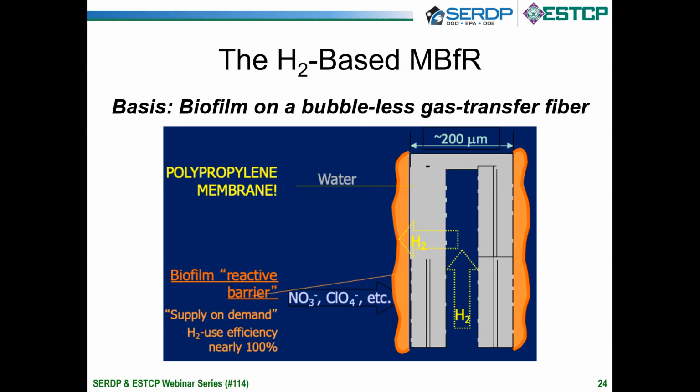It diffuses through the wall and comes to the outside where there's a biofilm that is growing in contact with water. The biofilm is oxidizing the hydrogen that's coming from inside out, and it's using those electrons to reduce things like nitrate and perchlorate going outside in. So the biofilm is the meeting ground for the hydrogen and the oxidized contaminants.